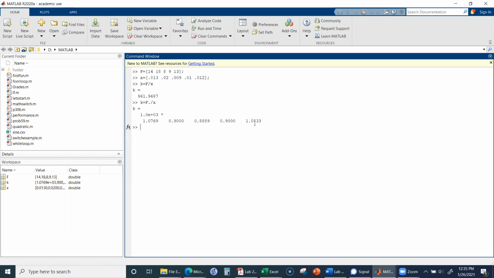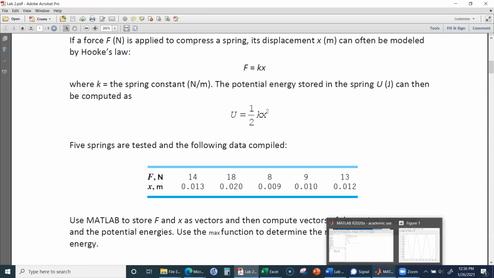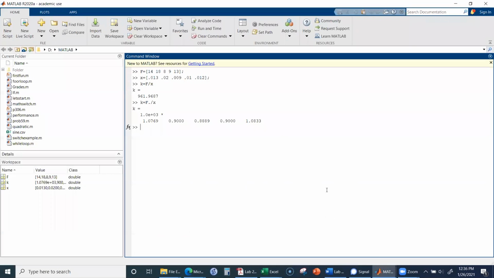Okay, so the next is to calculate the energy. The formula for the energy was U is equal to half kx square. So similarly for energy, U is equal to 1 divided by 2. So 1 divided by 2 is a scalar, so we don't have to use the dot slash operator. For scalars, we can use simple mathematical operations. So half times k times x square.